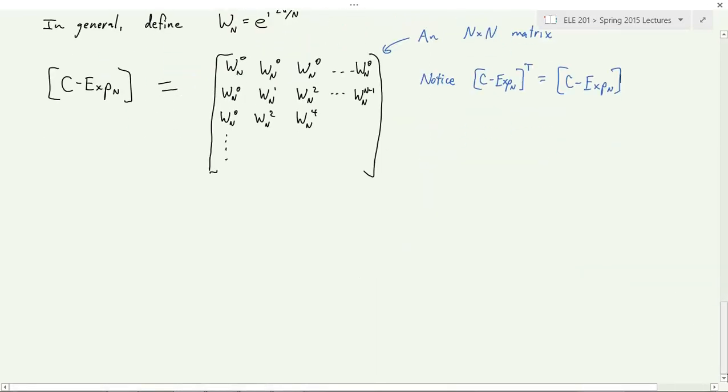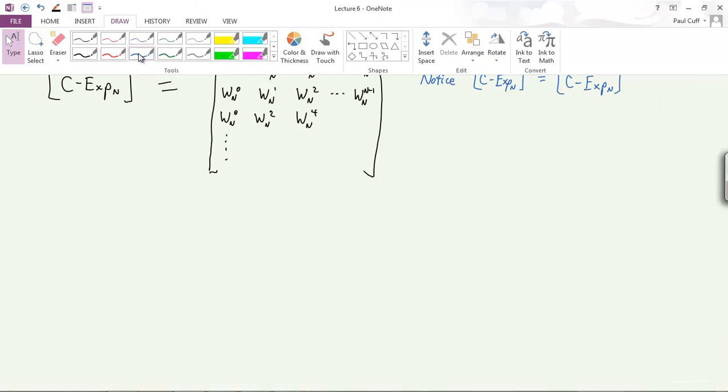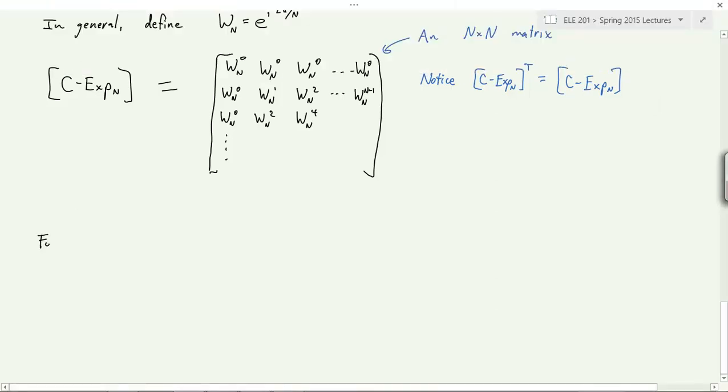So with this definition, we get precisely the Fourier series. As we derived above, the discrete time Fourier series of length n is just 1 over n times this complex exponential matrix, however conjugated.